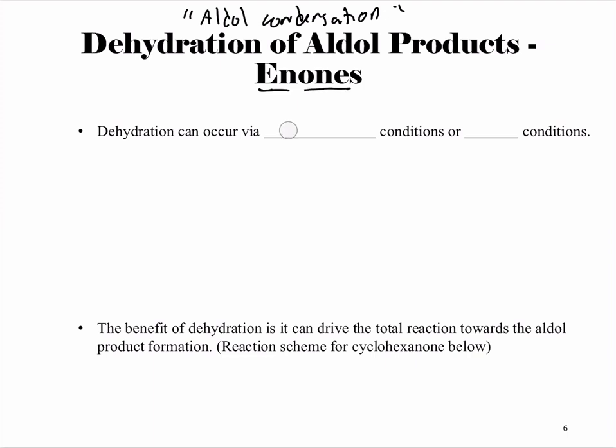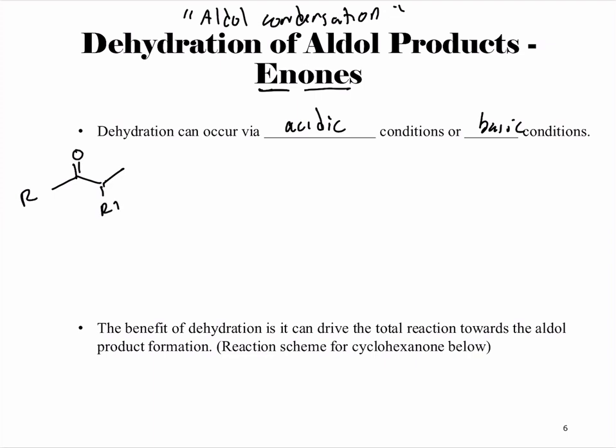And so this can occur via acidic conditions or basic conditions. If this is driven after you've already generated your condensation product, so this is going to be your beta hydroxy ketone, R, and then I'm going to make this look a little nicer now compared to what we had last time.